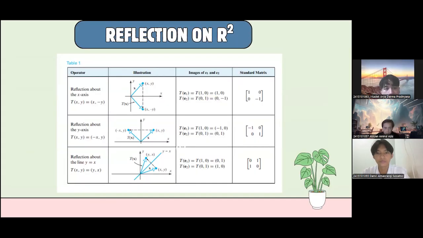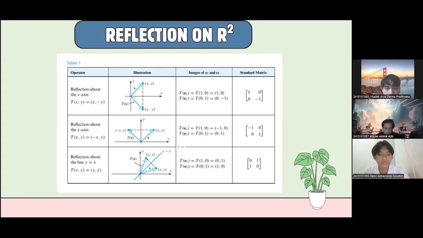Let me represent the reflection on R2. First, the reflection about the x-axis: T(x, y) equals (x, -y), and the standard matrix is [1, 0; 0, -1].